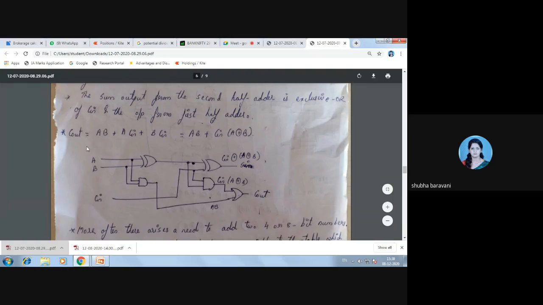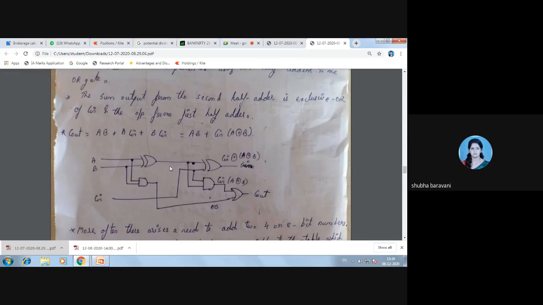Where is my first half adder? See, it is up till here. You all can see it? Yes, ma'am. See, what will your output be here? A XOR B would be your output here. And what would be the output here? A dot B.